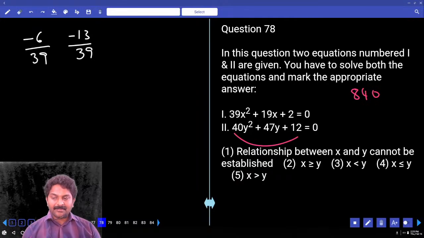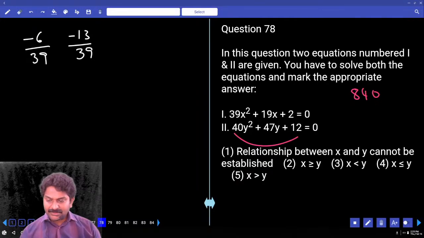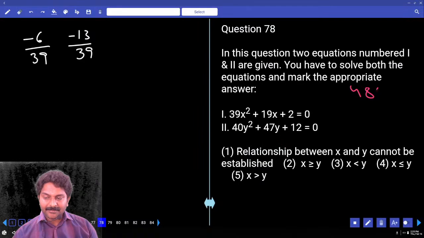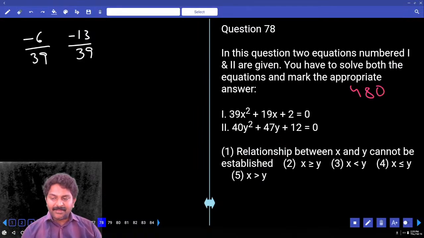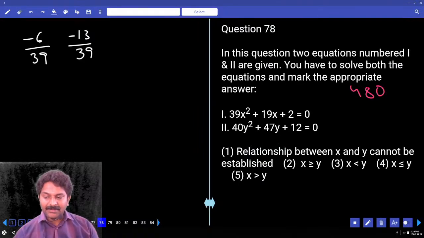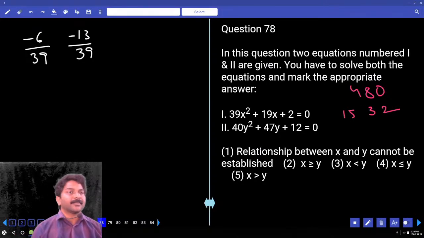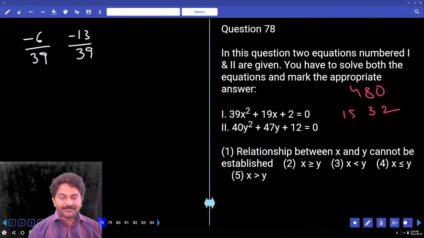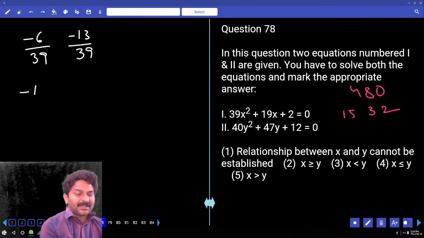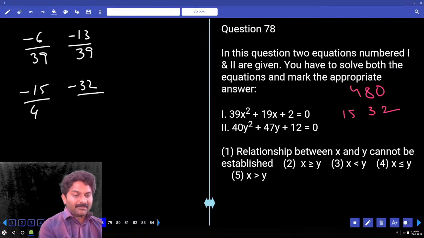Yes? Sorry, 480. 480 we can write it as 15 times 32, plus 15 plus 32. Yes, factors are minus 15 minus 32 divided by 40.